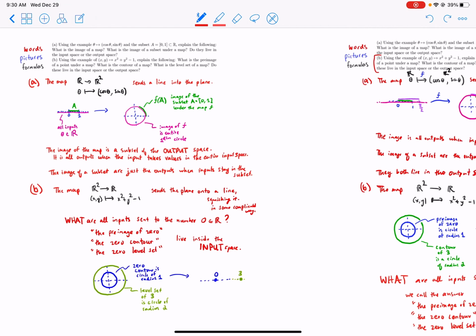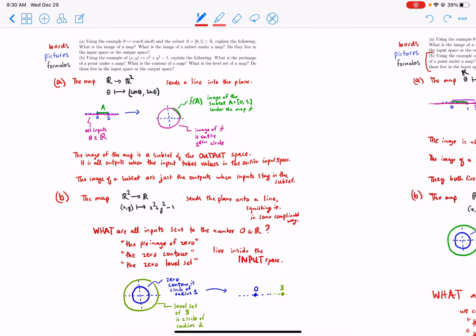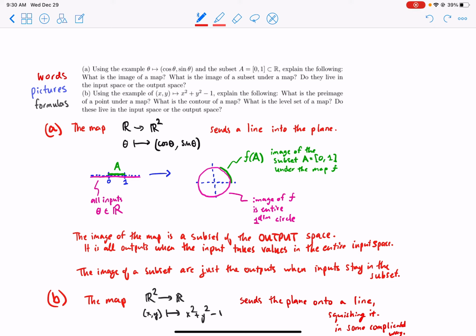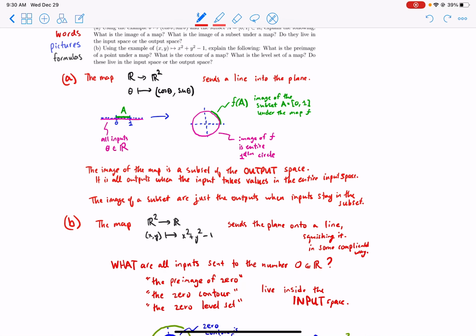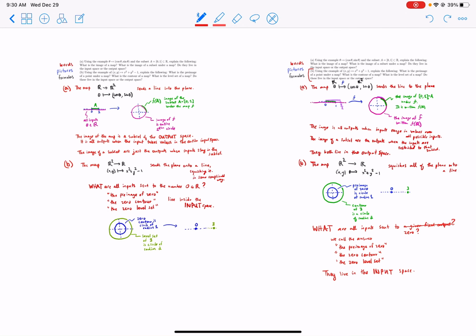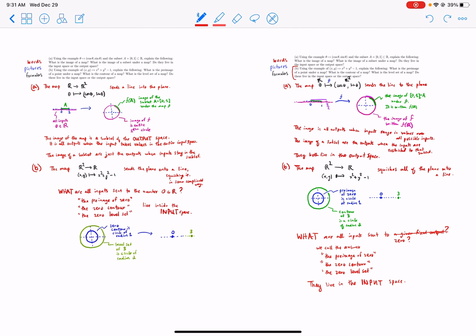And I was practicing that, so here's my first answer. Let's look at that. Here's the first part. Here's the second part. You see it's roughly similar. But you can do it in your own words, pictures, and formulas.